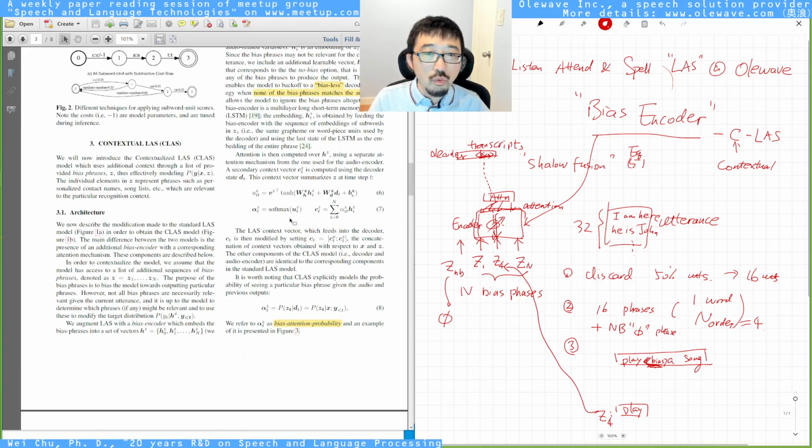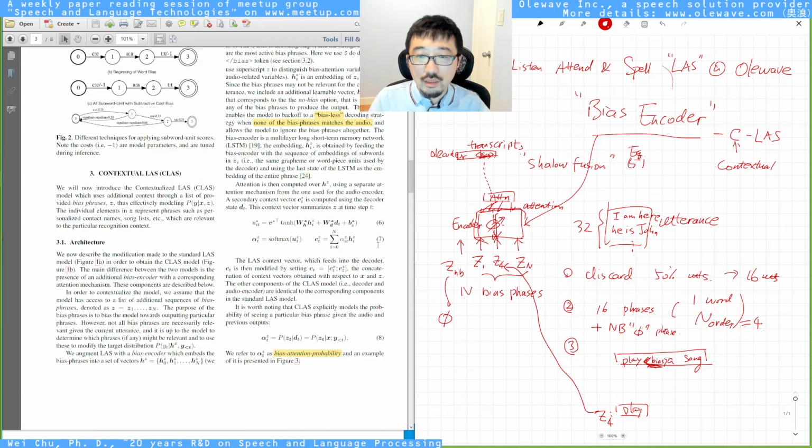I think equations 6 and 7 are very easy to understand. This is exactly the same as the LAS system. This is the decoder output before passing through the softmax, and this is the softmax to get the attention weights, and this is the weighted sum of the hidden vectors, or encoded output, to get the contextual vector, right?